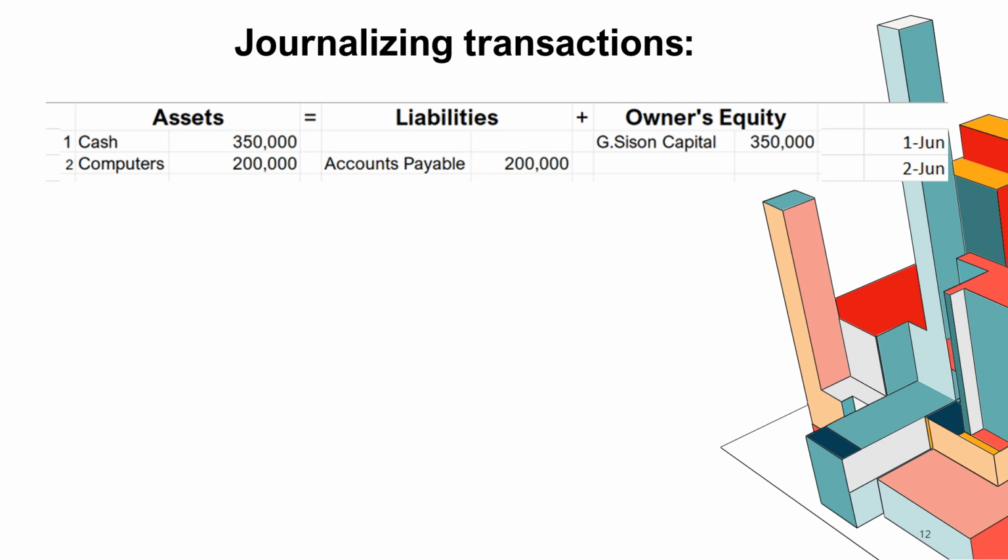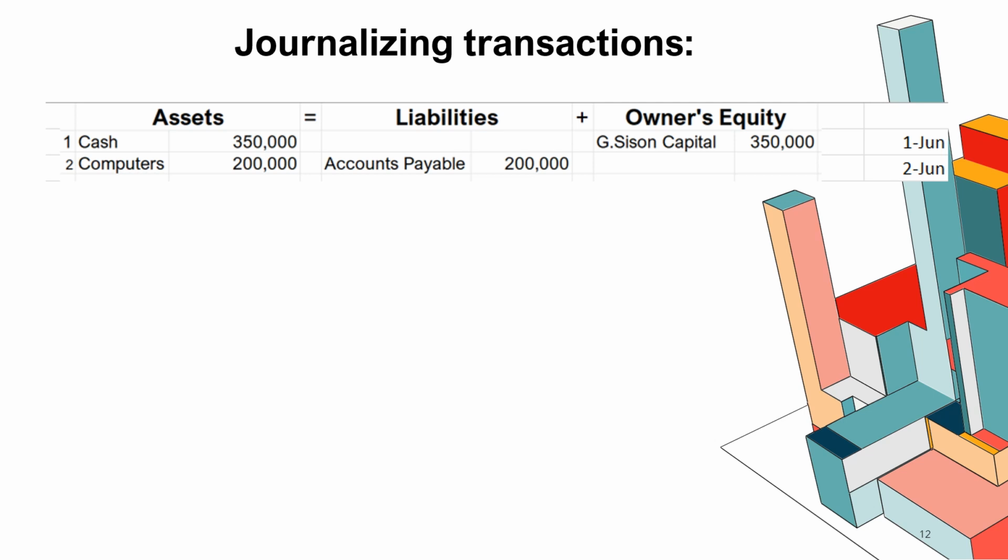We recorded the transactions of G Season initially in this format wherein we have a column for assets, liabilities, and owner's equity. Per accounting element, per asset, you have the account title and the amount. Same with your liabilities, you also have the account title and the amount. Owner's equity, the same.